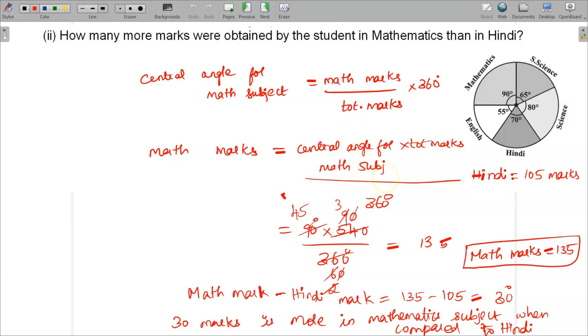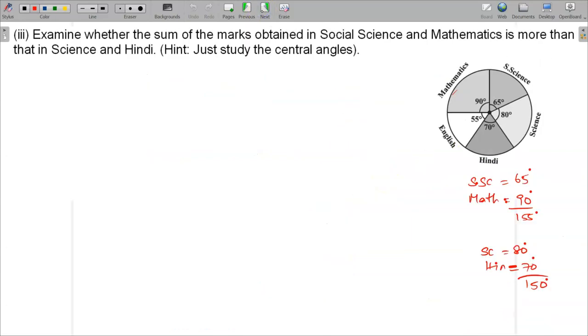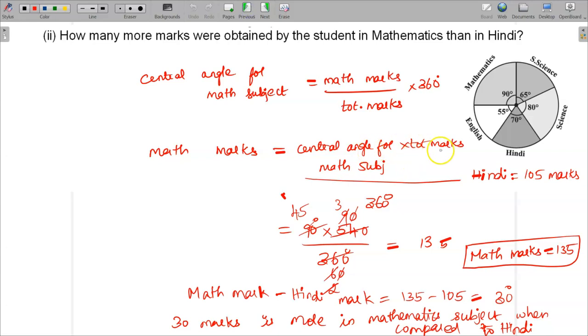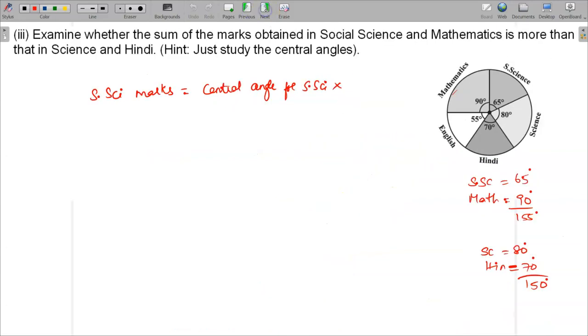So using this formula, I can find out that social science marks is equal to central angle for social science into total marks divided by 360 degree, right?